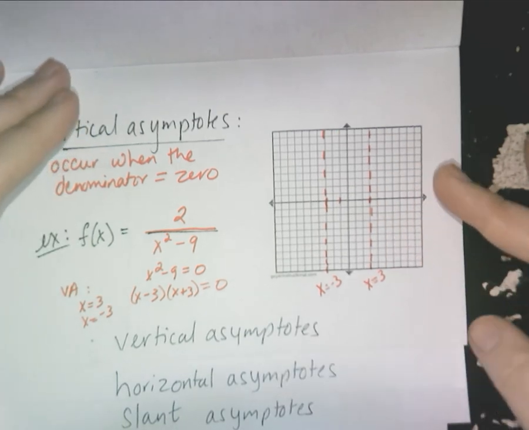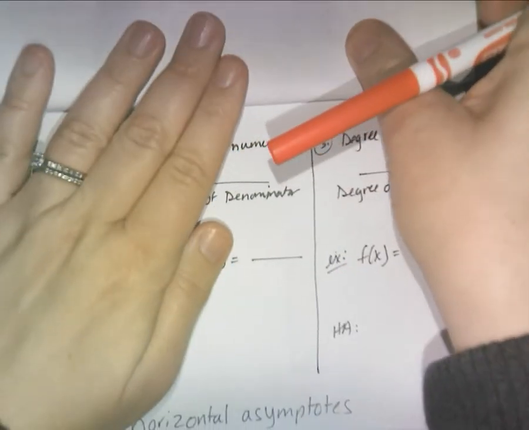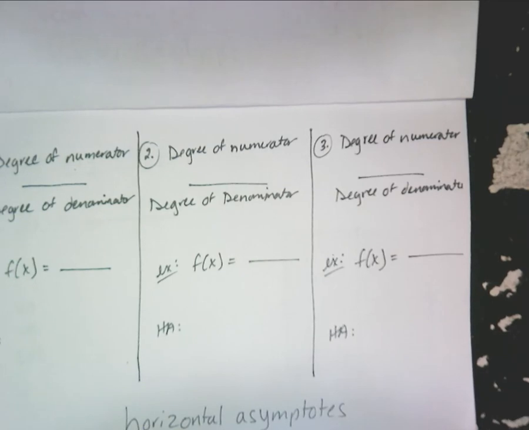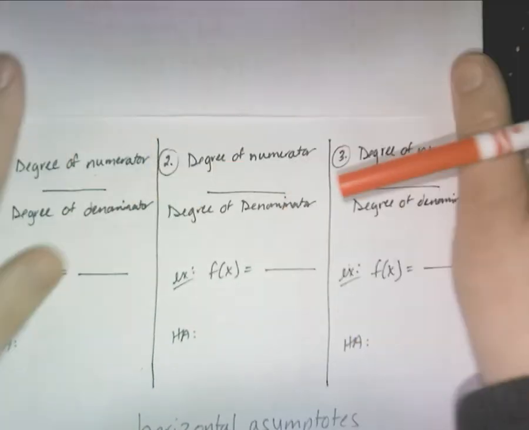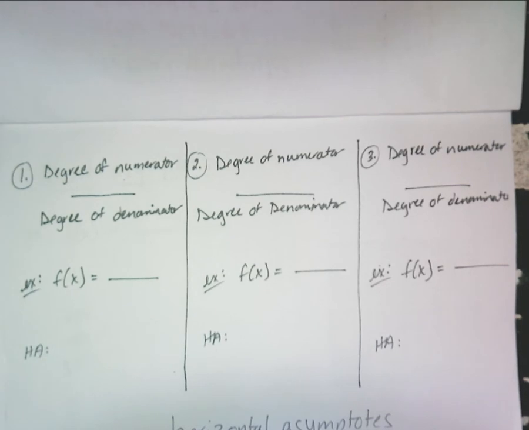Horizontal asymptotes, on the other hand, there's 3 things that could happen. So flip this up. Foldable. Okay. So horizontal asymptotes are based off of the degree of the polynomial that is on top and the degree of the polynomial on the bottom. So there are 3 things that could happen.